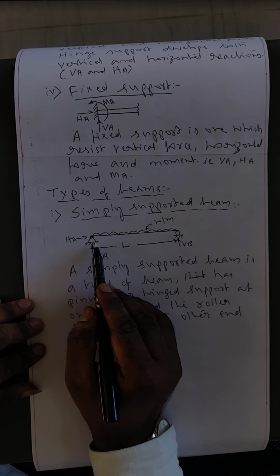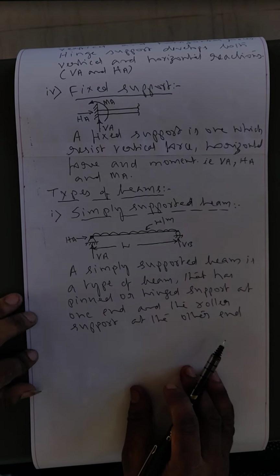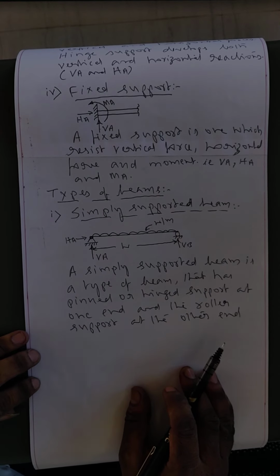One side is hinge support or pin support, another side is roller support. Then it is called a simply supported beam.